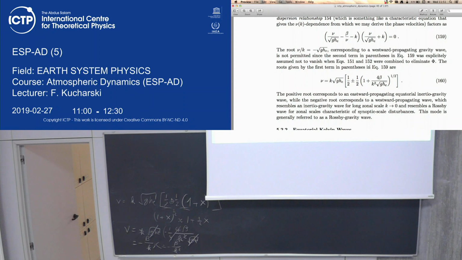So for large wave numbers, relatively short waves, we get back an equatorial Rossby wave as an approximation to this equation here for one of the two solutions. The other one always remains a mixed inertial gravity wave. But the approximate version of this looks like really a Rossby wave that propagates to the west.